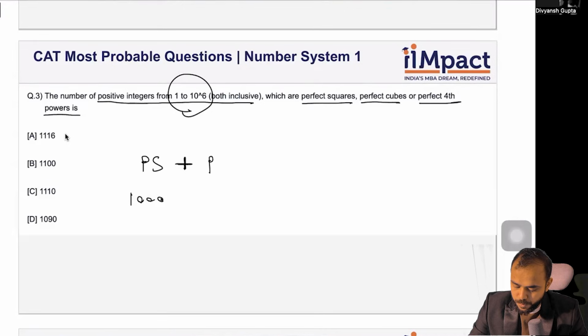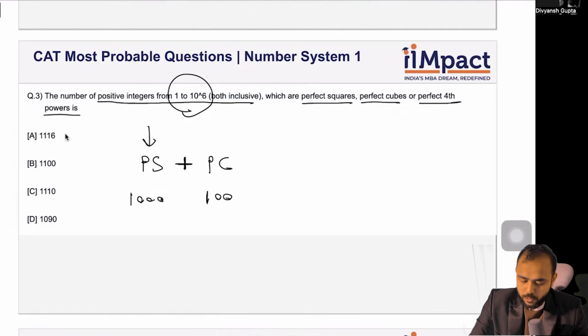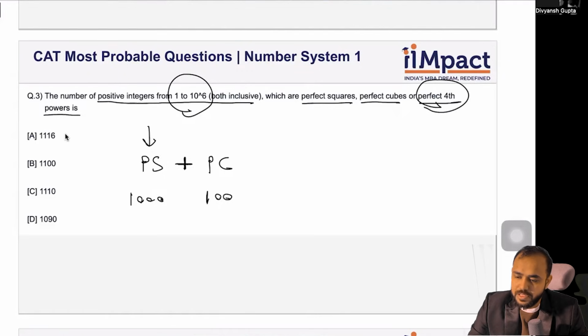Now, perfect cubes will be 10 to the power 6 whole cube root. That is 100 perfect cubes are there. Now, because I have already included perfect squares, wouldn't all perfect fourth powers themselves be perfect squares? So I don't need to accommodate for perfect fourth powers separately. They are already included in this. Now, this sum will give you 1100.